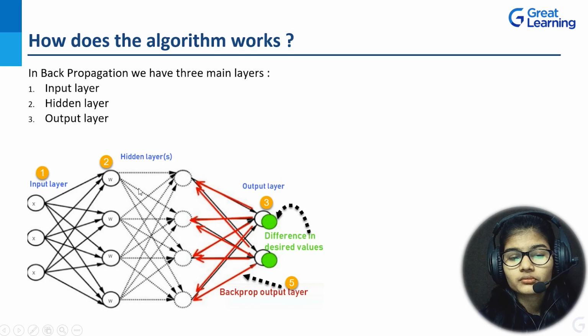So the hidden layers, the dotted lines which you are able to see, all of these are calculating the output. Now, after the calculation of the output, on this output layer, the final output is to be displayed.